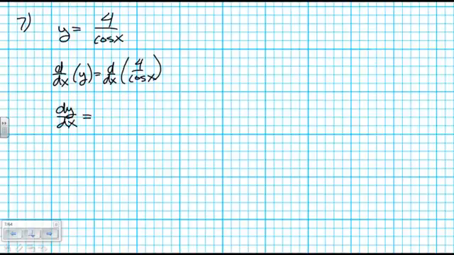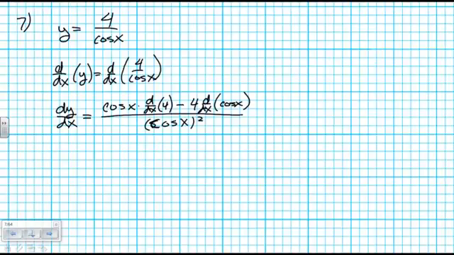Our right-hand side is going to require the quotient rule. Bottom times the derivative of the top minus the top times the derivative of the bottom, all over the bottom squared.